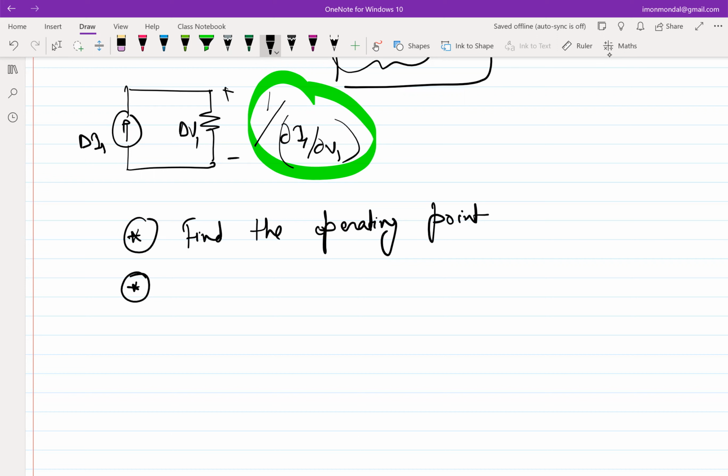What is the second step? Find the incremental equivalent. That is, you have to replace the nonlinear elements with their incremental equivalents.